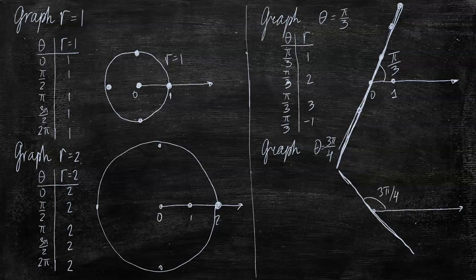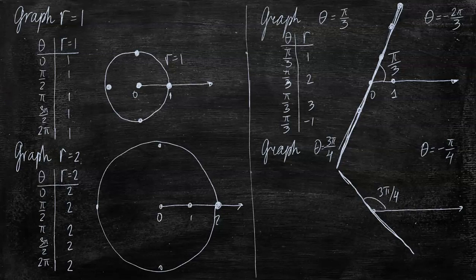Notice that the graph of pi over 3 will be exactly the same as the graph of negative 2 pi over 3. They would coincide, and the graph of 3 pi over 4 will be exactly the same as the graph of negative pi over 4. This is just by the nature of the polar coordinate system. The same point can be written in multiple ways.